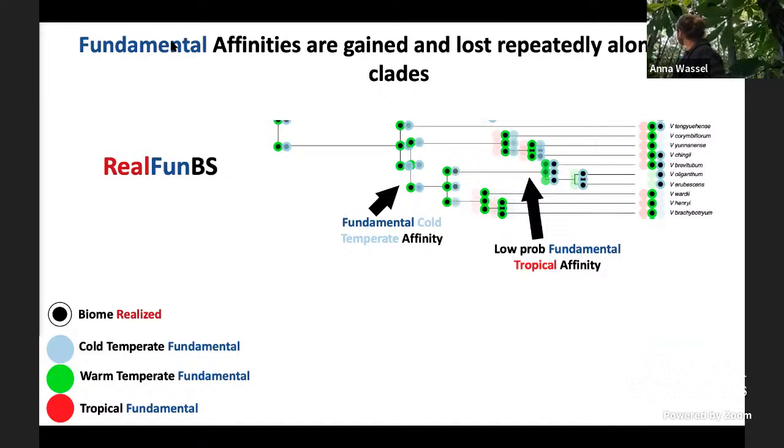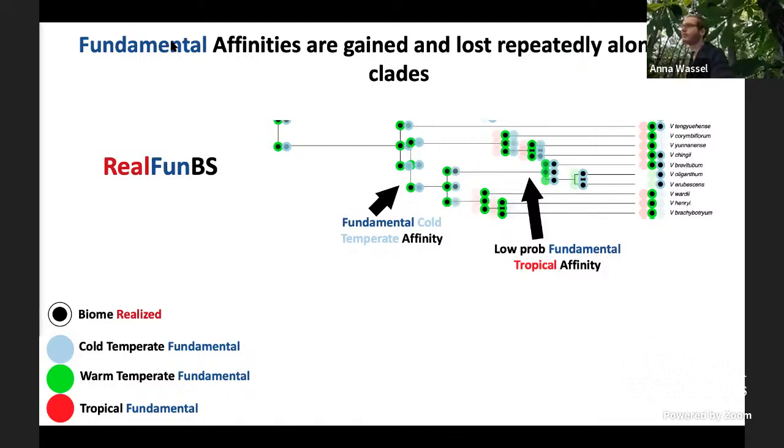It's not showing much support for it physically occupying those biomes, but it's still showing a reasonable probability that there are fundamental affinities there. So in a clade that's wobbling back and forth a lot between cold temperate and warm temperate, cloud forest, it's not always losing the realized and fundamental. It's just sometimes losing the realized affinity.